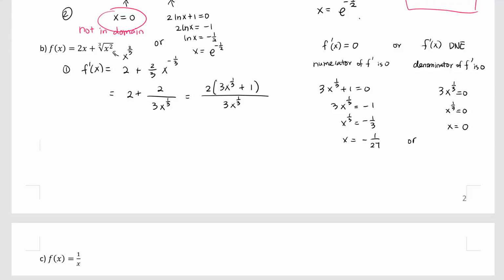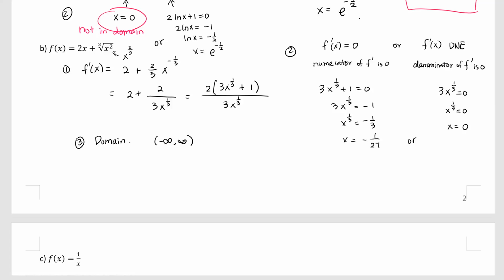Okay, let's look at our domain. So this is like the second step, right? Let's look at our domain. Do we see square roots? No, we have cube roots, but cube roots is okay. Do we have fractions? No. Do we have natural log? No. So what do you say about the domain?